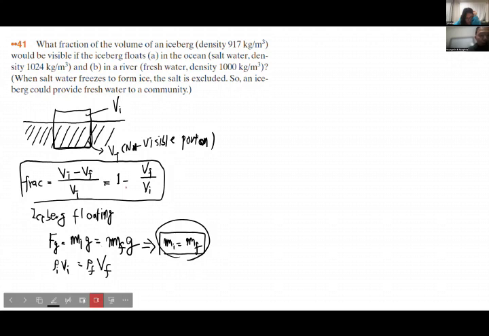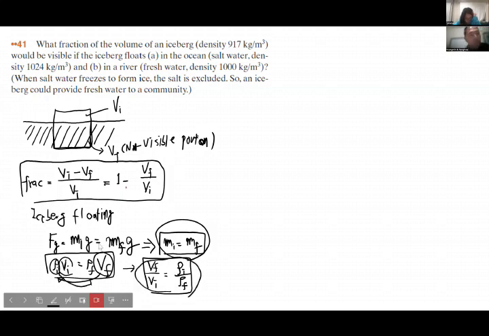So if you rearrange this relationship, then the ratio of volume between those two portions is the same as the ratio of density. So let me just rewrite it: rho I and rho F, right? You move this one to the right-hand side, and this one to this side, then you should be able to get this relationship. And using this relationship, you can solve the problem.